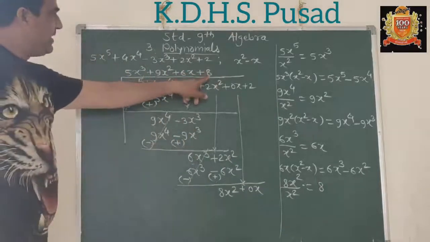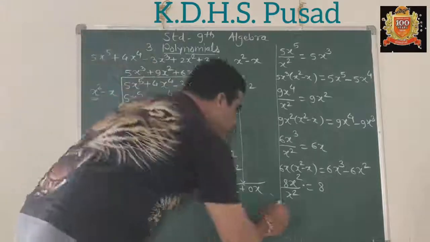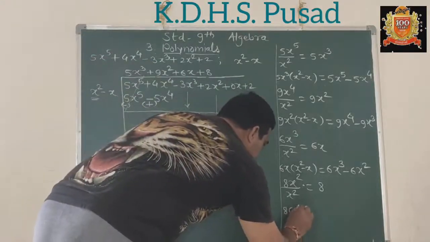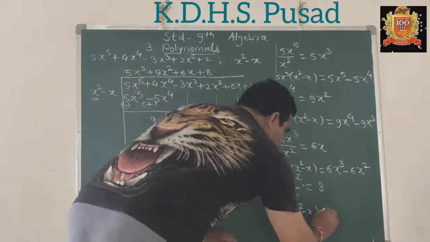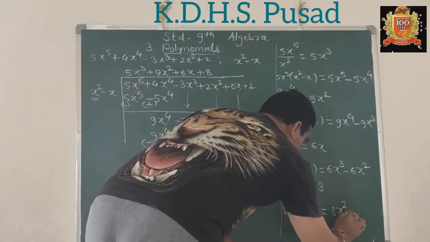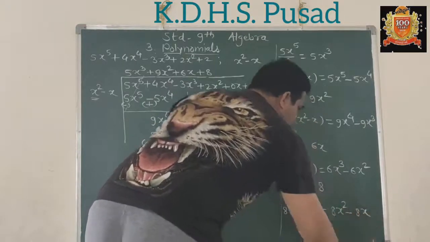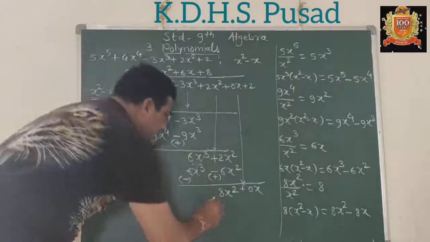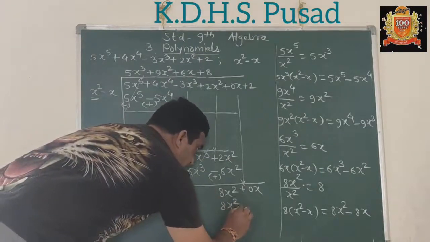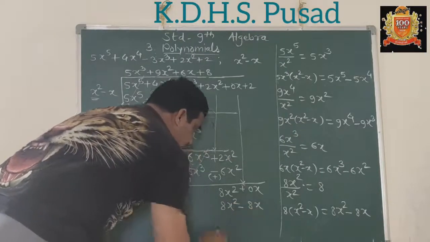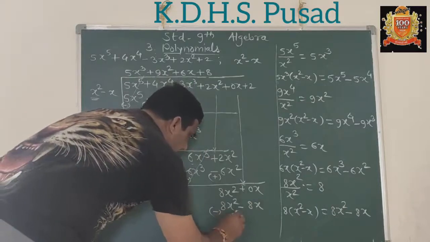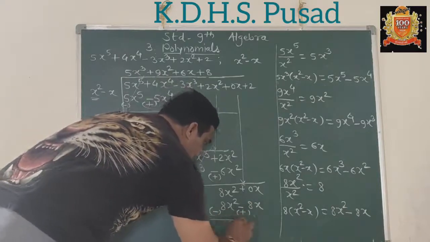Now next step, multiply these two. So here 8 into x squared minus x. So that will be 8x squared minus 8x. Now write this 8x squared minus 8x. Again change sign, minus, that is plus.